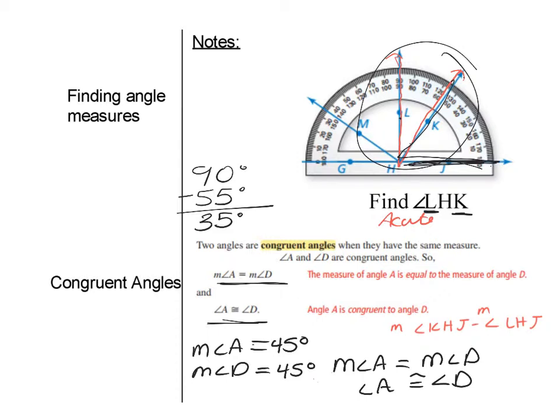They're saying the same thing. The top one's just saying that the measures are both 45, and this is saying that the angles themselves are congruent to each other, the same size and shape. Questions? No questions? This all makes sense?